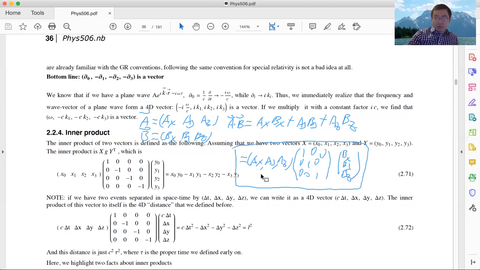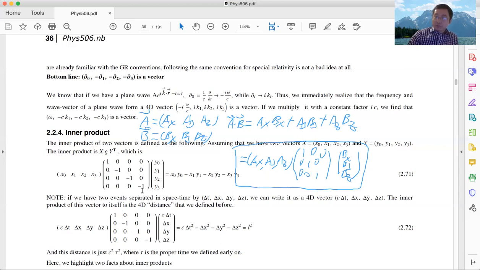So the inner product is a vector multiplied with the other vector, but with a matrix in the middle. And this matrix is what we call the metric tensor. In 3D Euclidean space, the metric tensor is 1, 1, 1, the identity matrix. But in 4D space, we know the metric tensor is not 1, 1, 1. It's +1 for time, -1, -1, -1 for space.